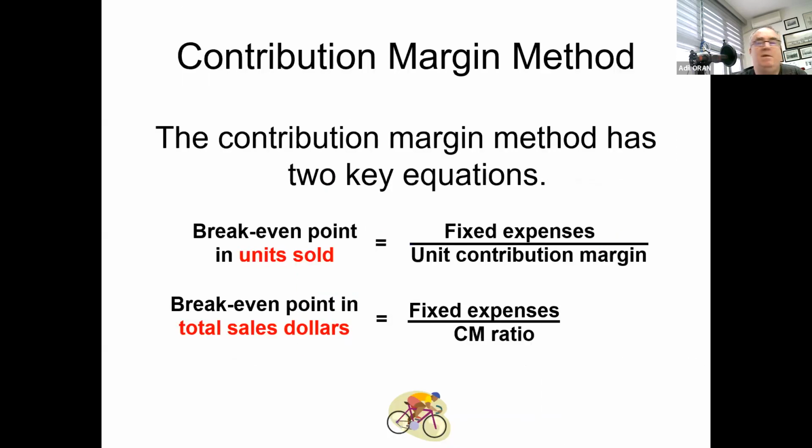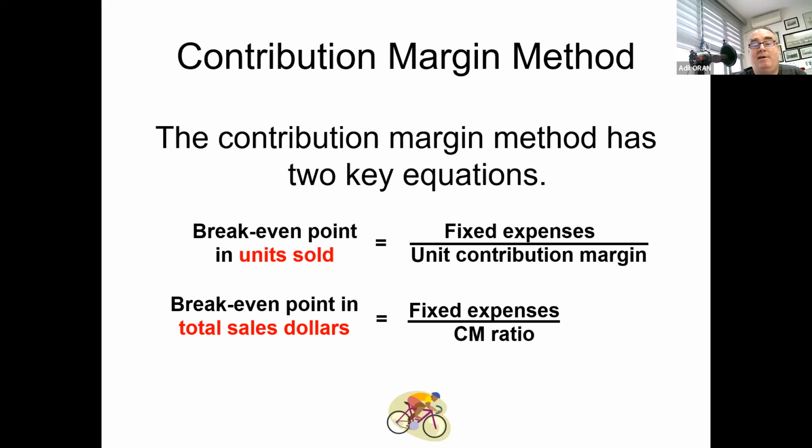So again, if you're solving questions and you want to do it quickly, just use the formulas. You don't have to derive them every single time. Break-even point in units is equal to fixed expenses divided by contribution margin per unit. If you want that same break-even point in dollars or Turkish lira, take your fixed expenses divided by the contribution margin ratio. And that will give you your break-even point in dollars.